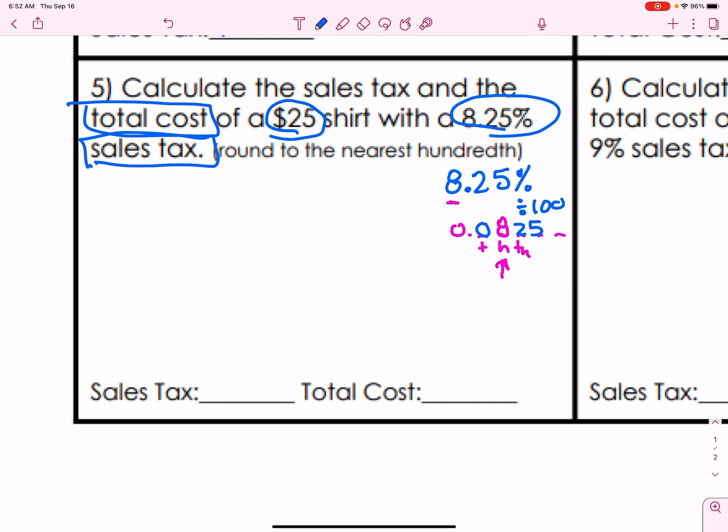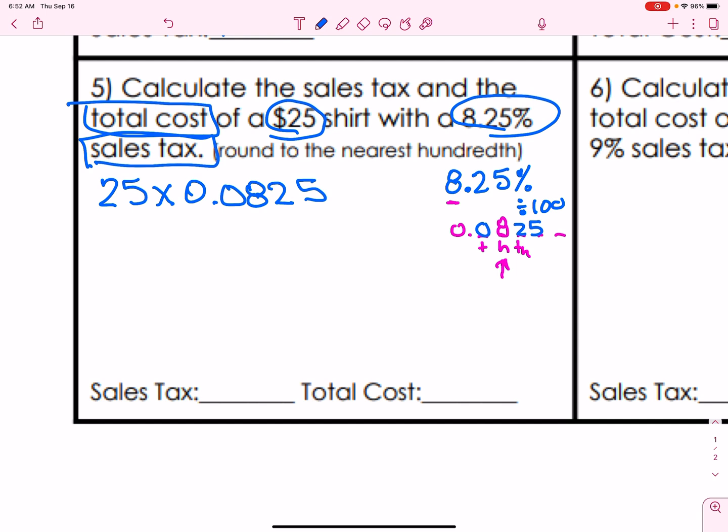So we're going to multiply, sales tax we multiply, $25 shirt times 0.0825. Now the tax value has more digits.